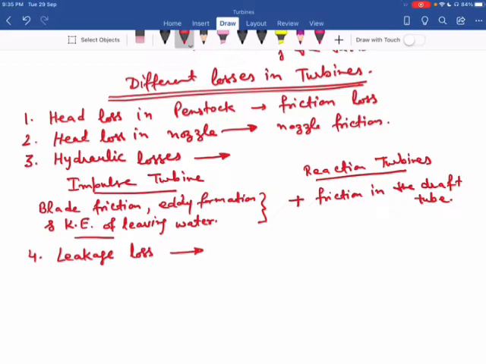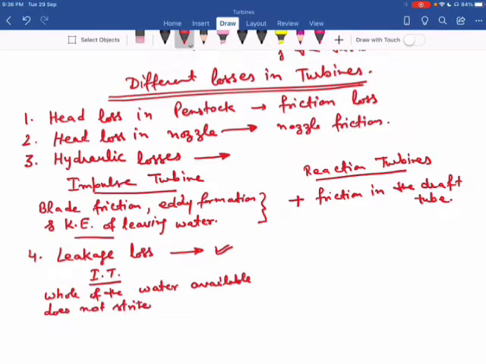So some of the water may go waste as it is not striking on the bucket. Okay. So that part we consider as the leakage loss. So in case of impulse turbines, whole of the water available does not strike on the bucket.